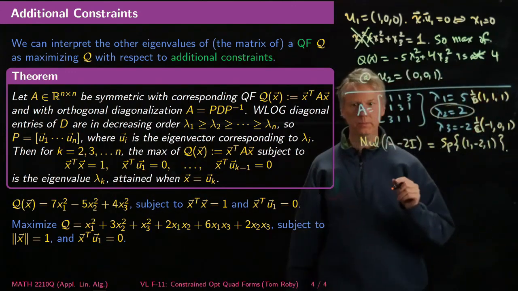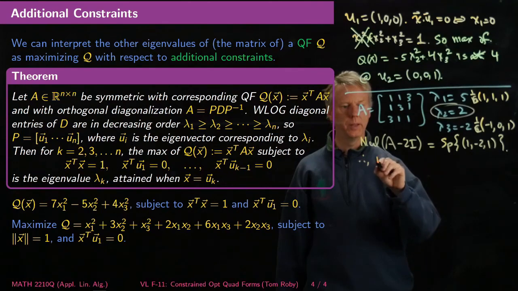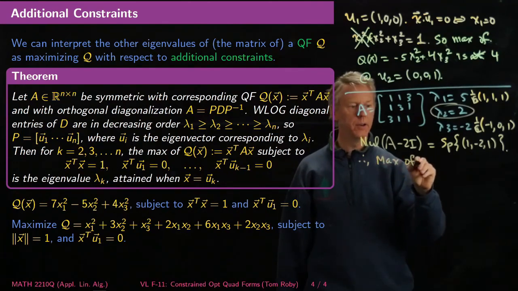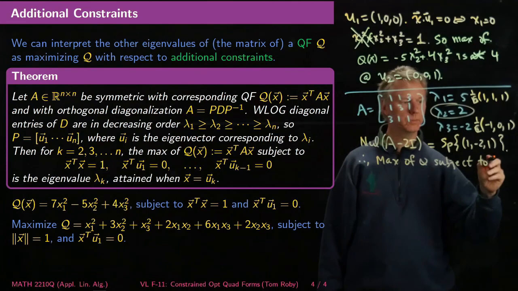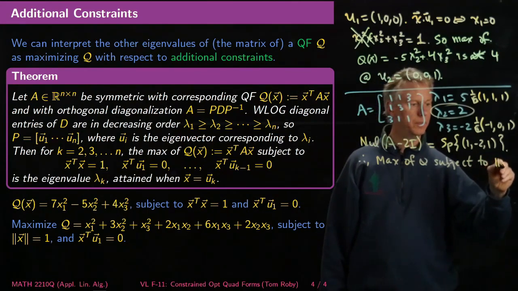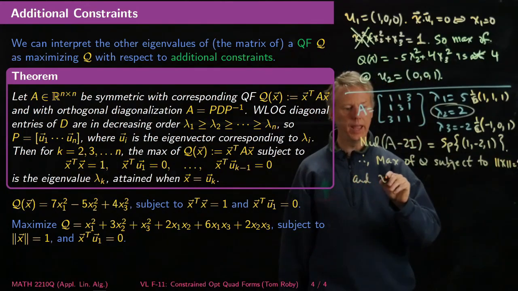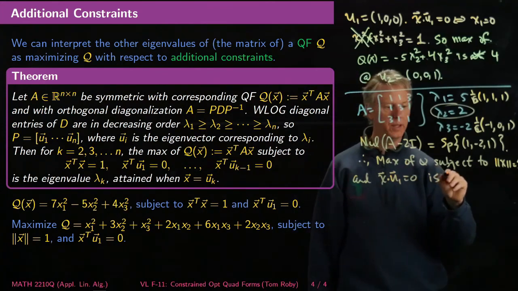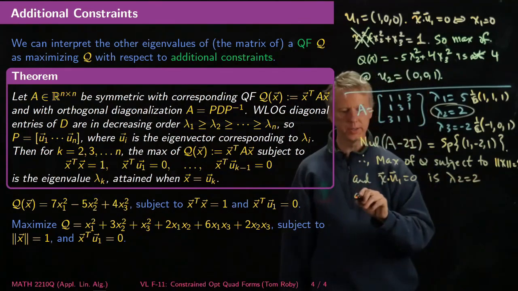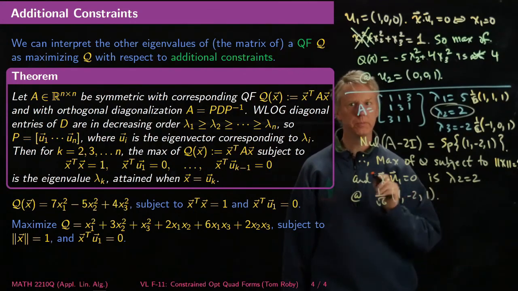So therefore, the max of Q subject to norm of x equals 1 and x dotted with u1 equals 0 is lambda 2 equals 2, and it occurs at 1 over the square root of 6 times 1, minus 2, 1. OK.